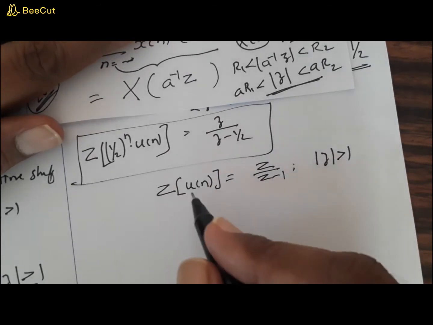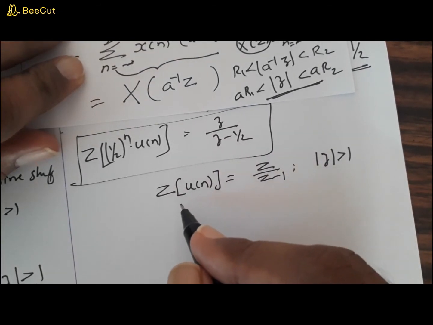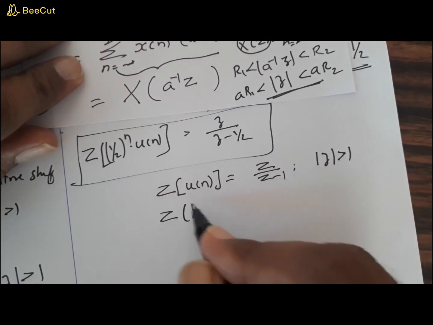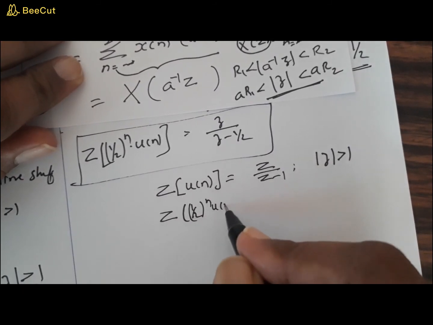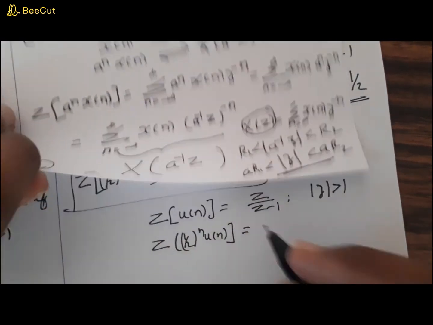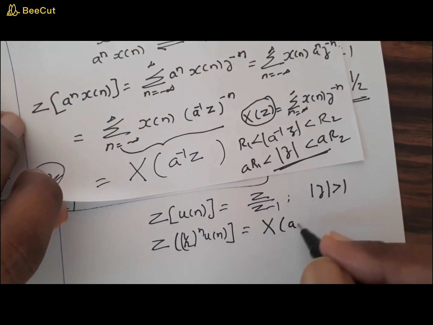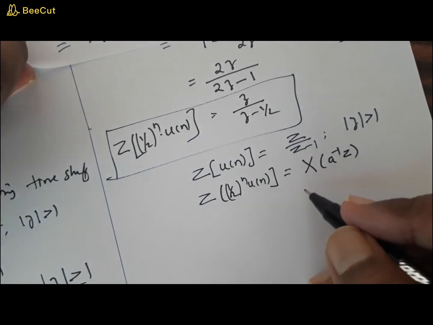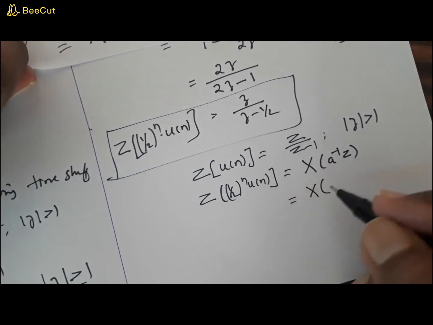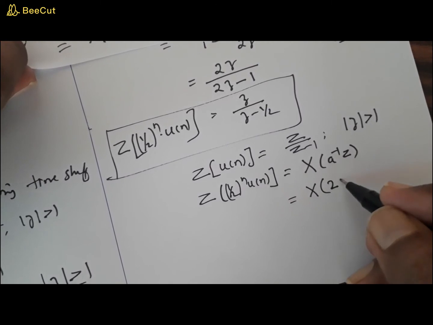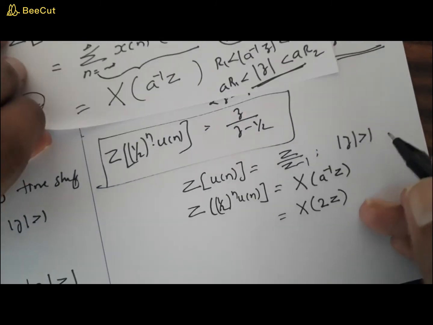Then what is (1/2)^n into u of n? You just need to substitute a inverse of z. So in this problem, this will be X of (1/2)^(-1), which is 2z.